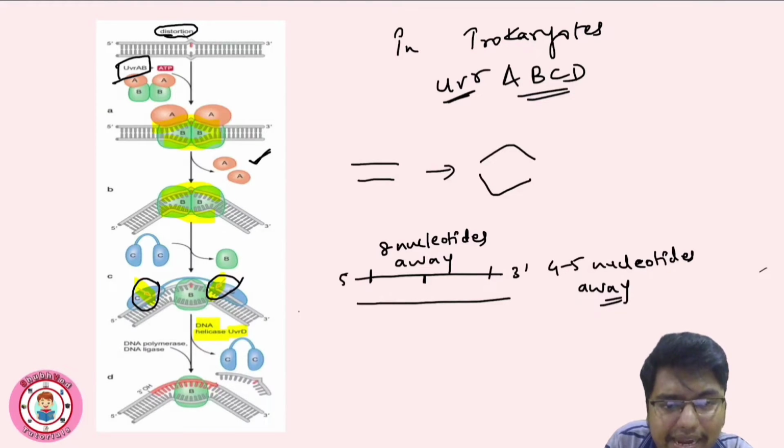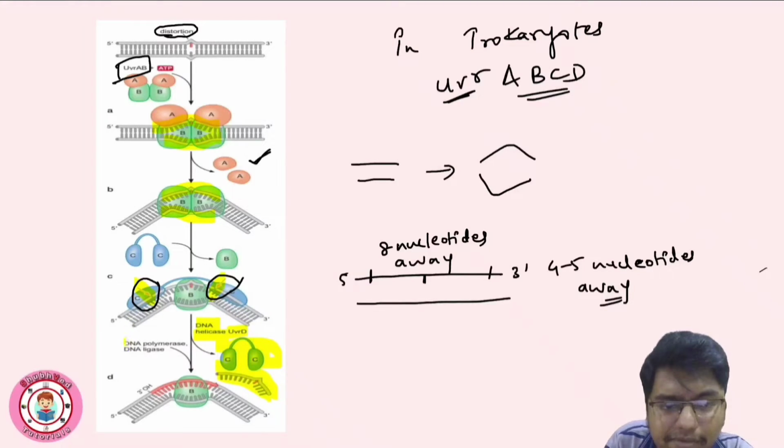The strand which was cut will be removed out. We can see this strand removed along with UVRD helicase, as well as UVRC. All these are removed out. Then there will be a gap.